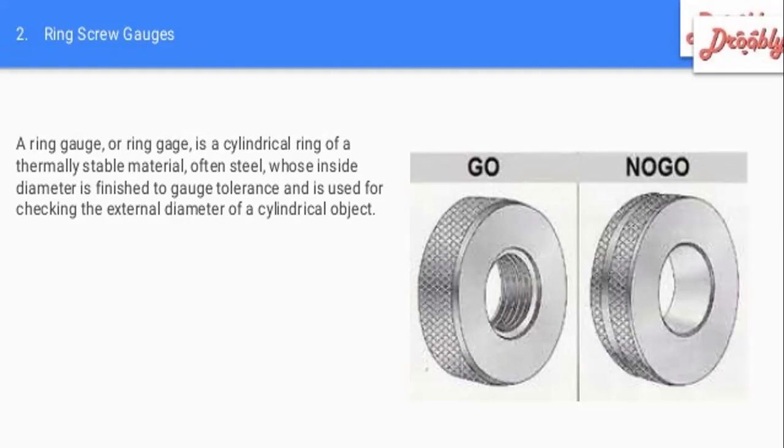In the picture you can see the two types of threads. In the go gauge it is the internal threading, and in the no go gauge it is the smooth type in the internal one.